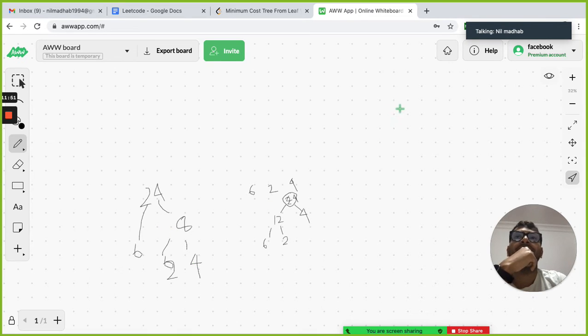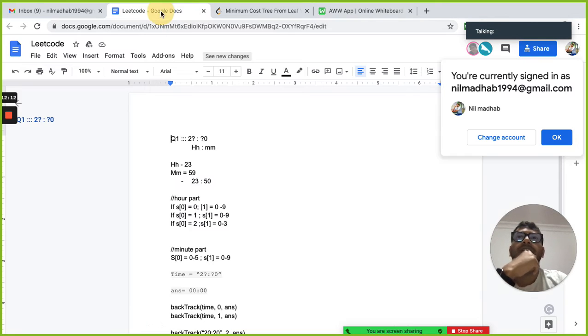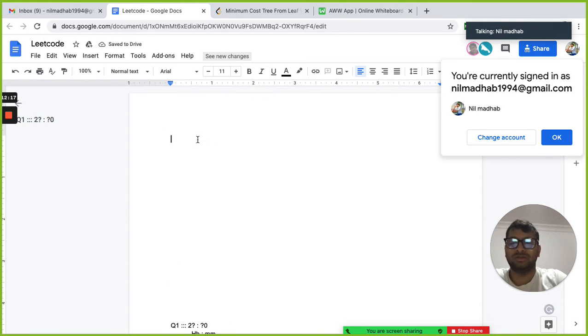If you make a tree, it will have left, right, and the largest leaf element. I'm just brainstorming. So the tree node will have 3 things: one will be left and one will be right, and it will have the maximum leaf node.